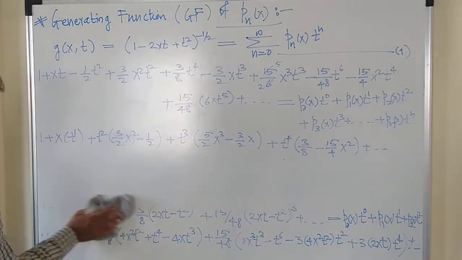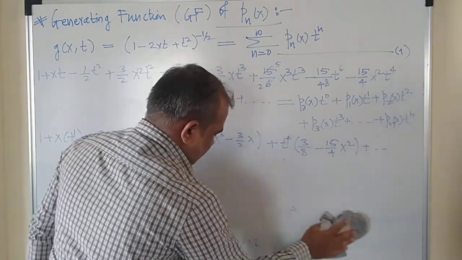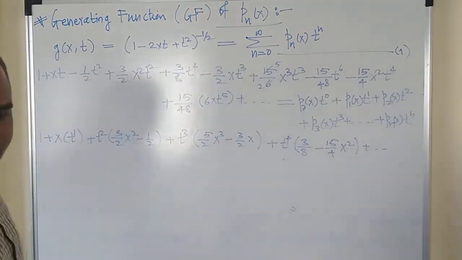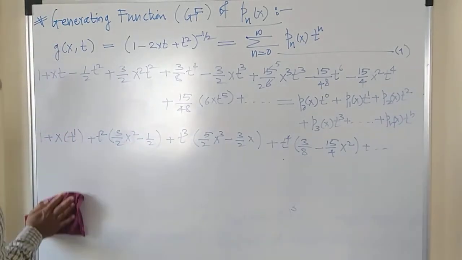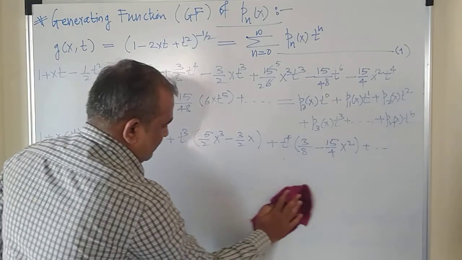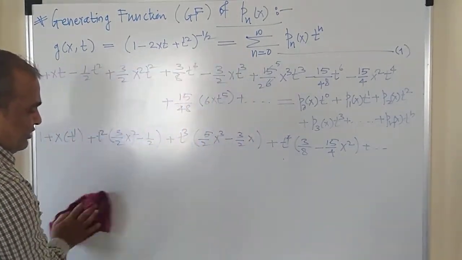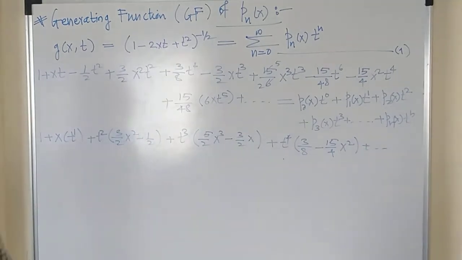And this is equated with this, right? Now if you equate this with the right hand side, you will get the first few Legendre polynomials.